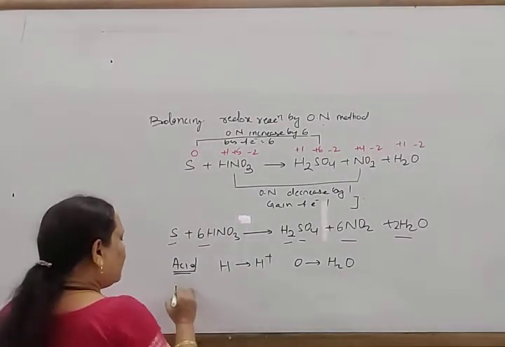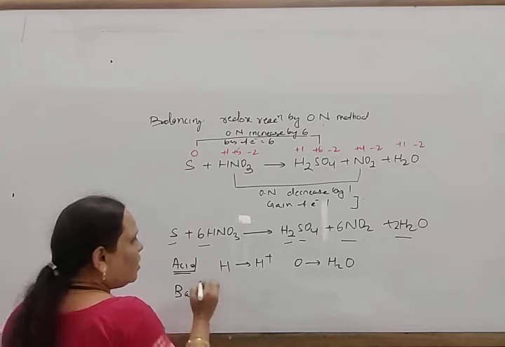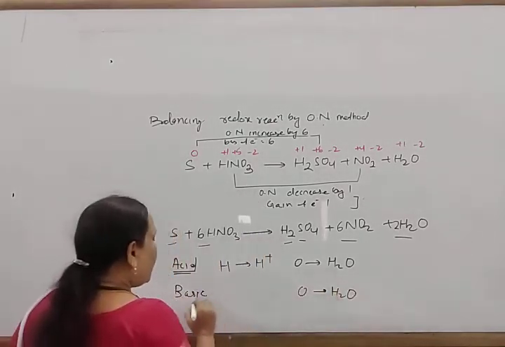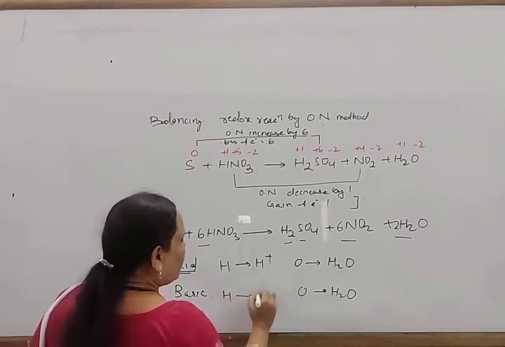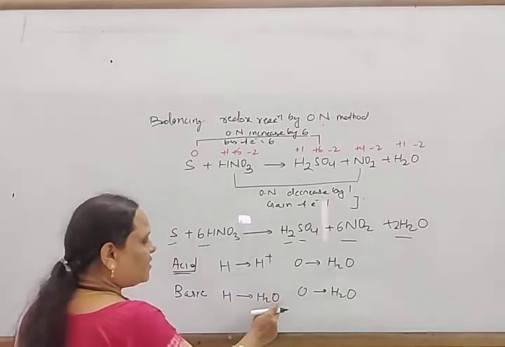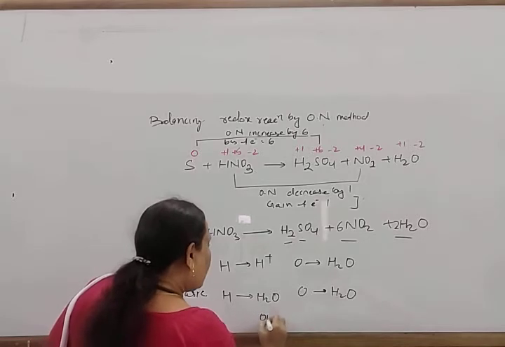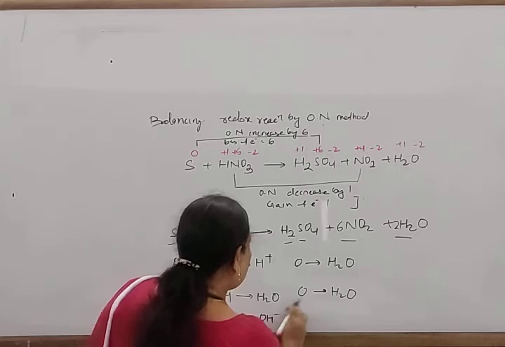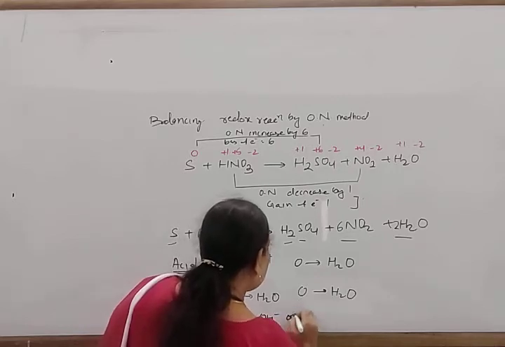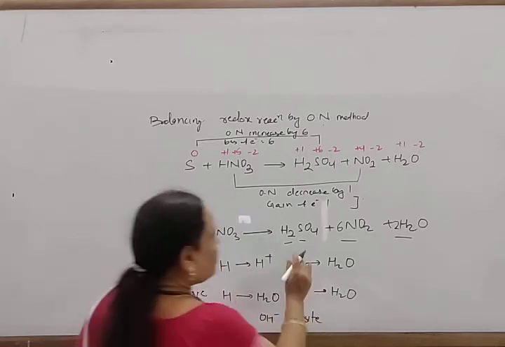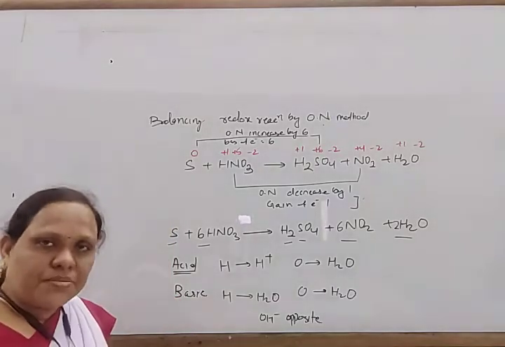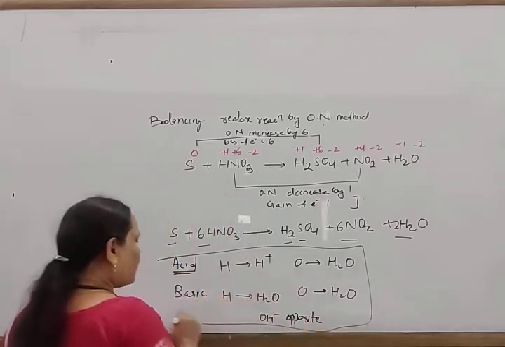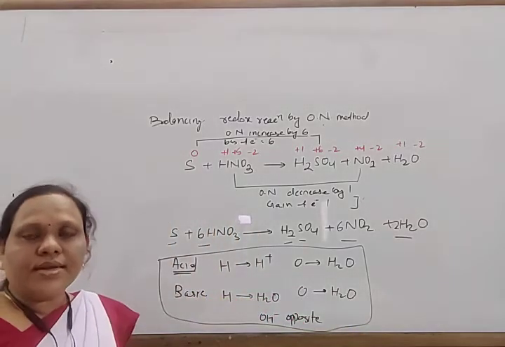Similarly, for basic medium, to balance oxygen add water molecules, and for hydrogen add water molecules where it is deficient and an equal number of OH minus ions on the opposite side. So if it is given in acid medium or basic medium, follow this rule, so that you can balance the chemical equation easily.